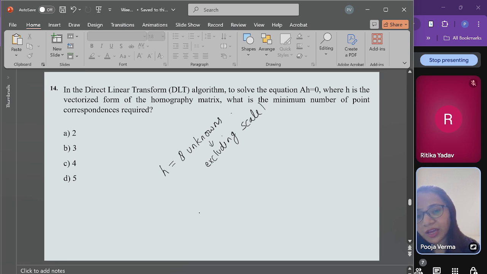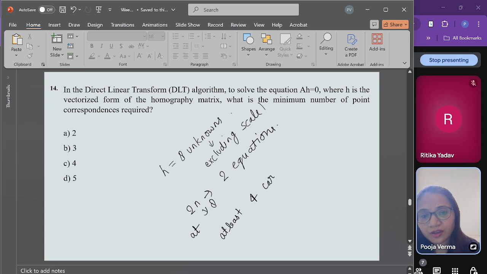So to make 2n equations, because each point correspondence gives two equations, to make 8 equations at least 4 correspondences are required.